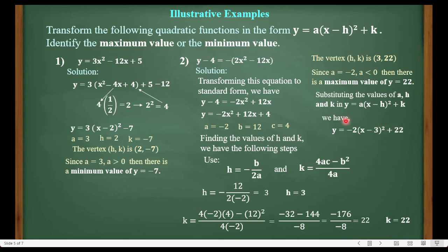And this is now the vertex form of this original quadratic function. Next, number 3. Okay, number 3, neither written in standard form nor vertex form. But still, just like the previous two examples, we need to transform this to vertex form.